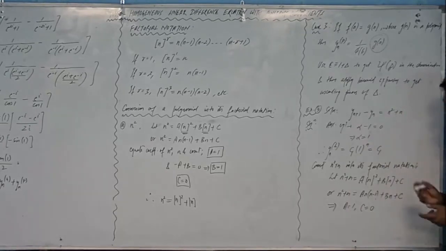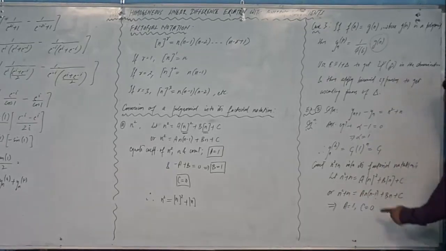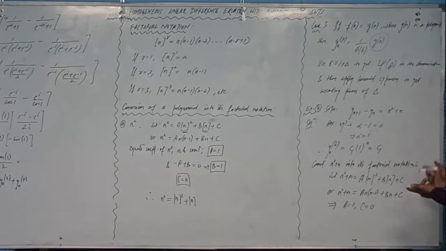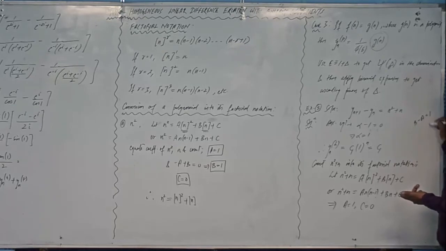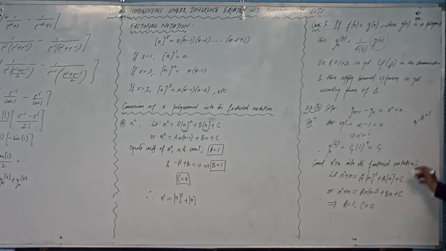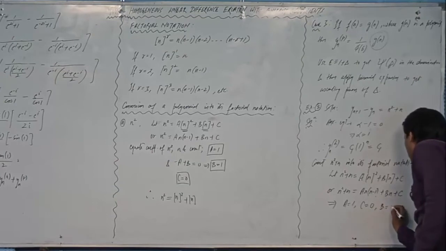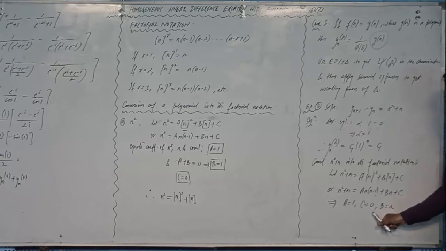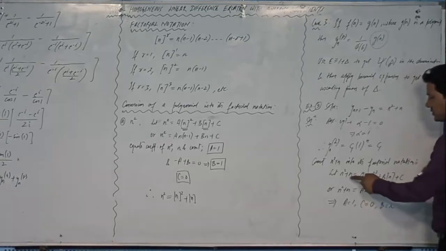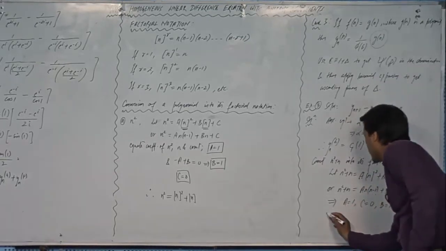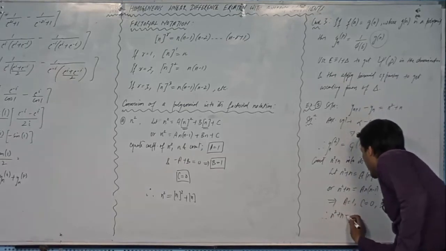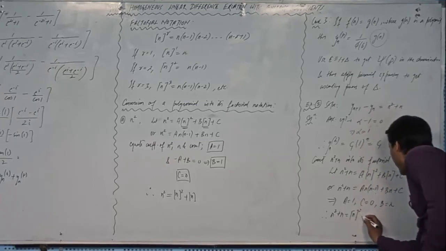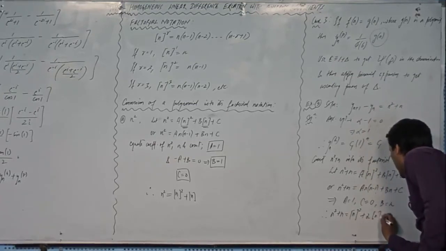Comparing the coefficients of n, we get 1 equal to minus a plus b, so b minus a equals 1, and since a is 1, b will be equal to 2. So a, b, c are calculated, and I plug them in. Therefore, n square plus n is equal to factorial n square plus 2 factorial n.